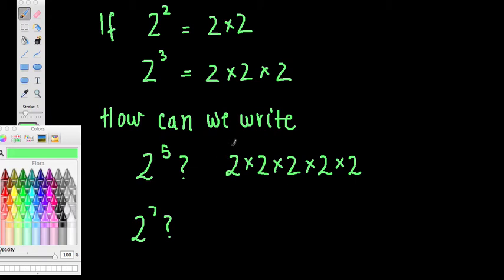Let's have a look. How many 2's have we got? 1, 2, 3, 4, 5. It's being multiplied by itself, 5 2's altogether in that list. We can write this 2 to the power of 5. Let's do 2 to the power of 7 then.